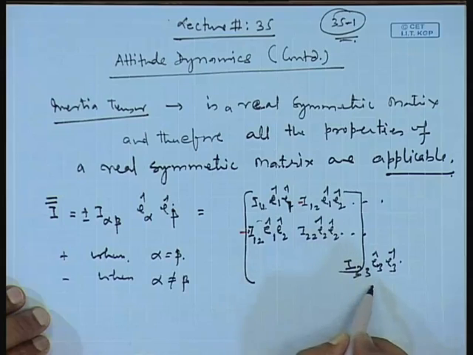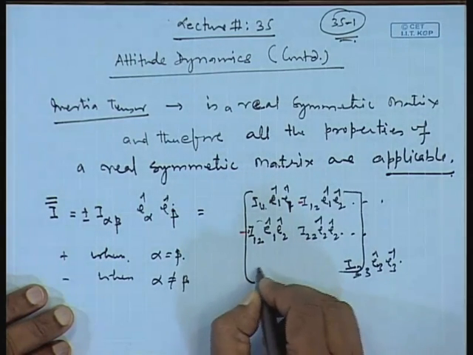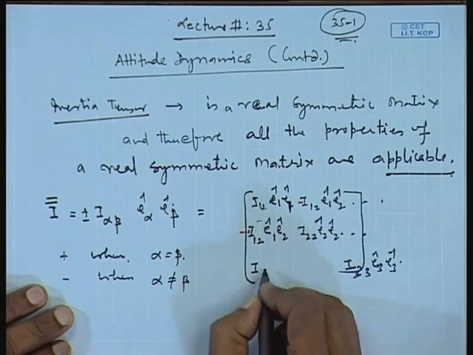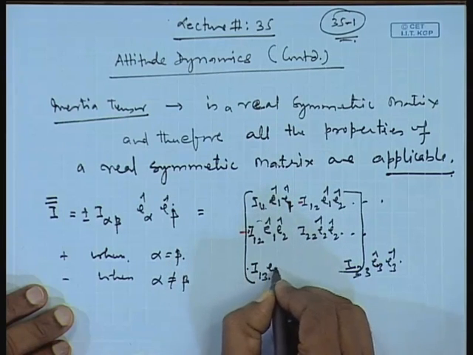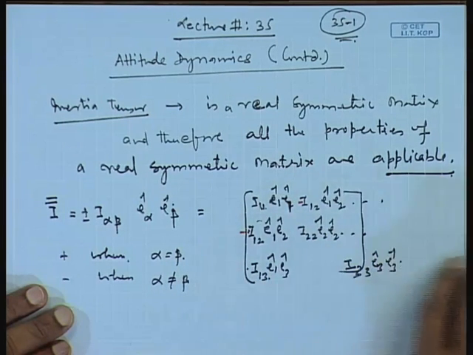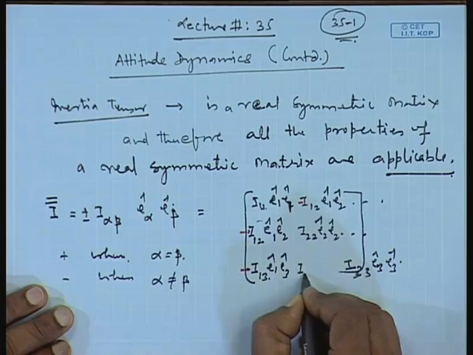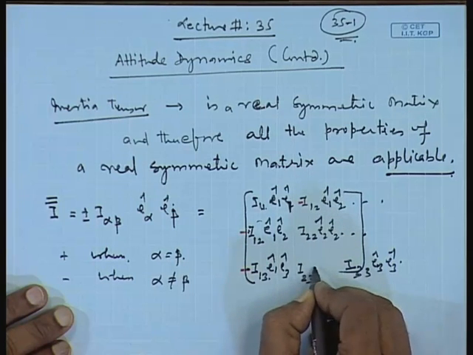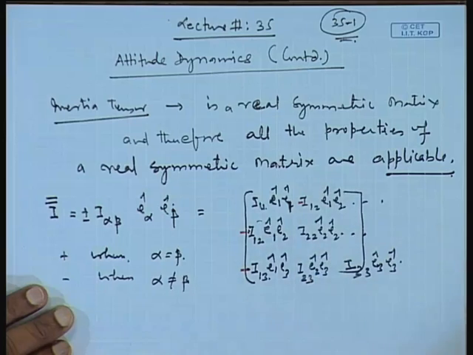So, only with the diagonal elements we have the positive sign, and with the off diagonal terms we have negative signs. So, here we have I 1 3 with a minus sign E 1 cap E 3 cap, and then we will have I 2 3 E 2 cap E 3 cap with a minus sign.